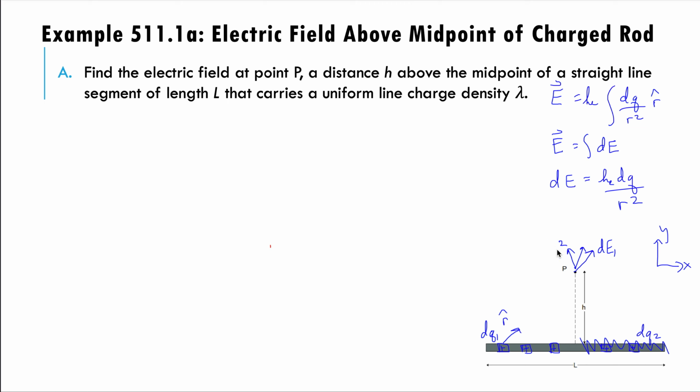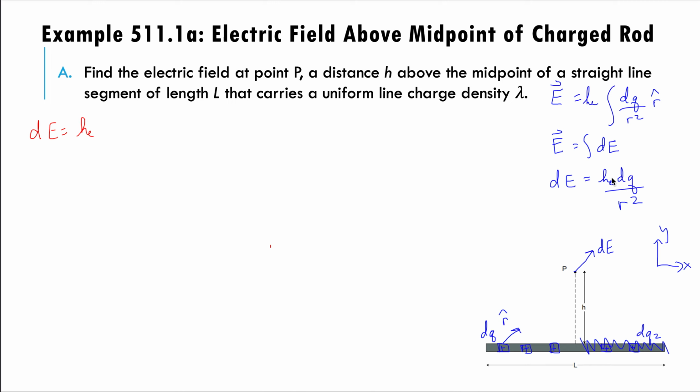We're going to erase all of the ones on the left side and just figure out how to solve for dE. We can just call it dE now instead of dE1. So we're going to write dE is equal to ke dq over r squared.